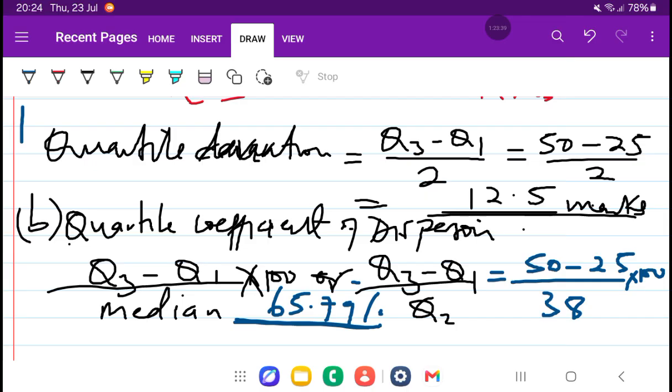The other person can also say that 25% of the students scored between 38 and 50, because 38 was the median. So the 25% scored between 38 and 50. Because from the lower quartile to the median, there is 25%, or there is 1/4.